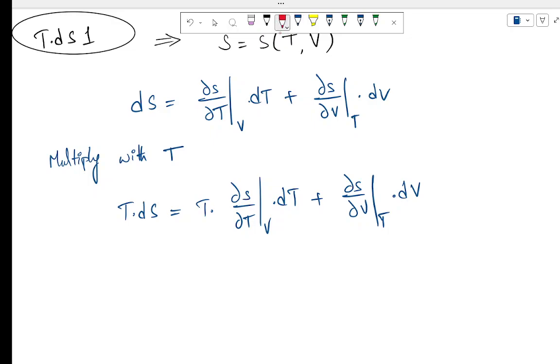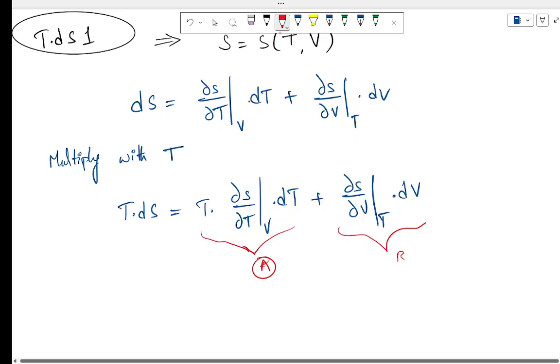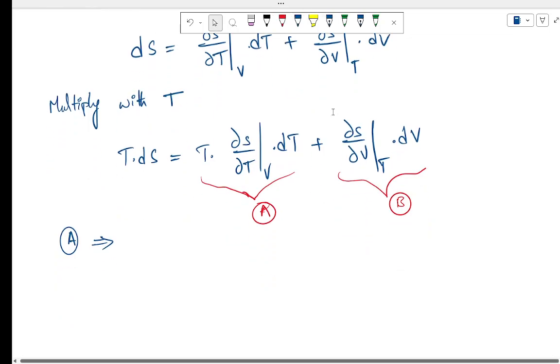To write it in simple terms, let us transform this right hand side. I'll call this part A and this part B. Let us deal with A first. To deal with that, I will make use of my Cv here.